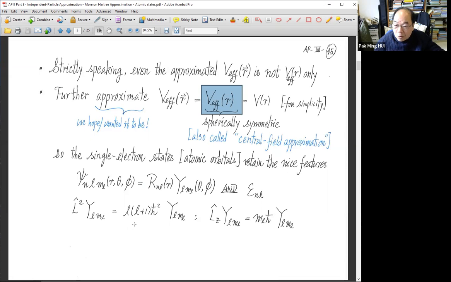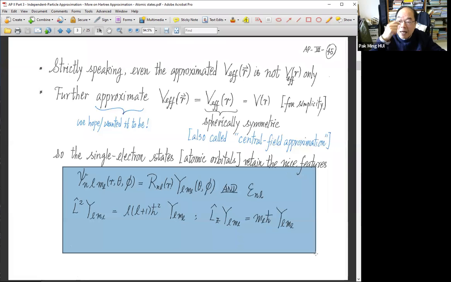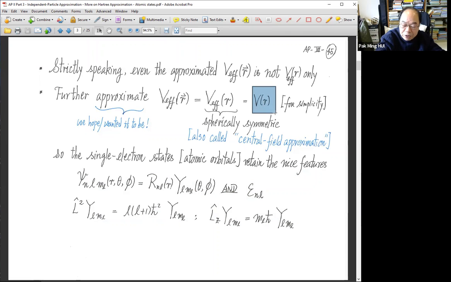For example, we know that we can involve three quantum numbers: the principal, orbital angular momentum, and Z component. And the theta phi part must be this. The energy depends on the first two quantum numbers, must be, once we have a central or spherically symmetrical potential. Okay, so with this nice feature in our toolbox, we will make this approximation.